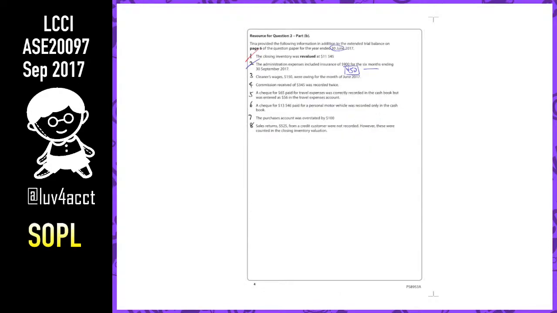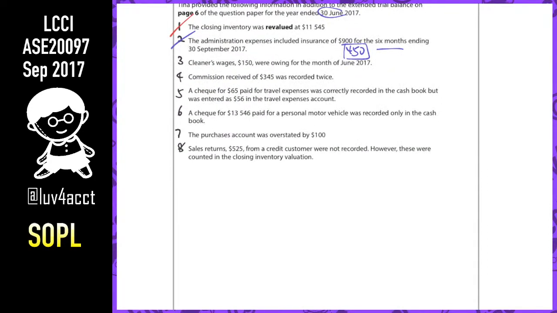Item 3. We haven't changed this yet in the extended trial balance. Item 3: cleaners' wages of 150 were owing for the month of June.